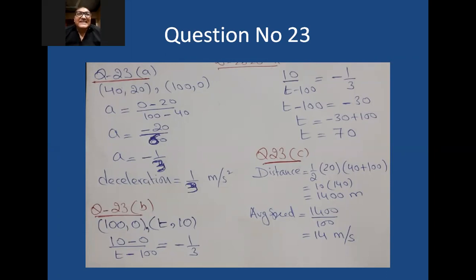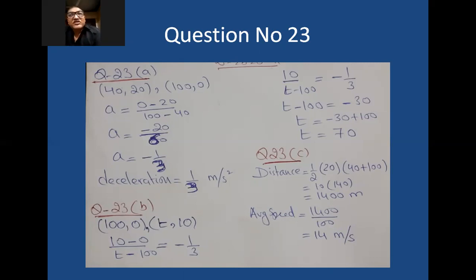When I use the word deceleration, I don't put the negative sign with it, because the word deceleration already means that it's negative. So in the answer space, you only write 1 by 3 meter per second square, because in the question he asked us what is the deceleration. When I do it mathematically, the negative sign comes with it, but when they ask me for the value of the deceleration, I don't use the negative sign.